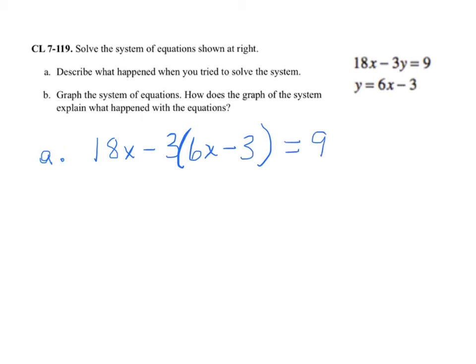I can already see that when I distribute this, I'm going to get a negative 18x here, which will add to 0 or cancel out my x there, plus 9 equals 9. And I get infinite solutions.